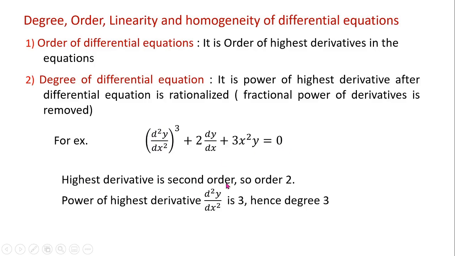And the power of the highest derivative, here d square y upon dx square, is 3. Therefore, the degree of this differential equation is 3. Order 2, degree 3. Therefore, this is a second order, third degree differential equation.